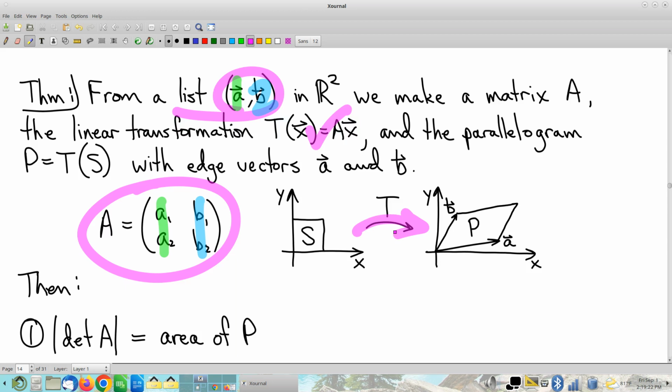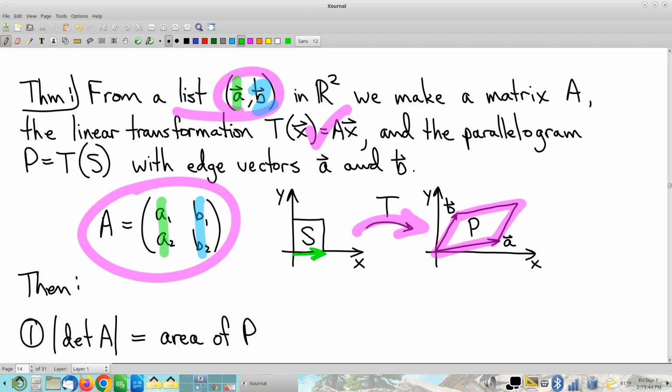And then, wait a second, I claim that you can also then make an associated parallelogram because, after all, the image of the first standard basis vector. Now, reminder to what we talked about Monday, I think it was. The image of a standard basis vector is the corresponding column of the matrix.